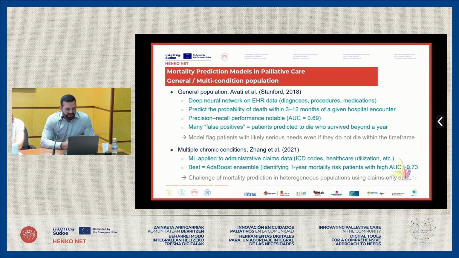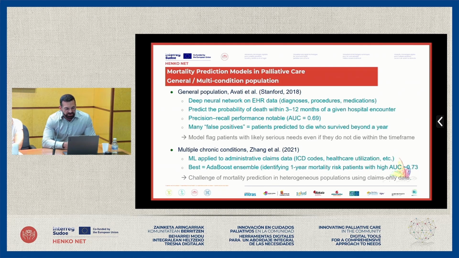So the model flags patients with likely serious needs, even if they do not die within the time frame they were supposed to. So this is finally a good thing, to have models to predict mortality, even when they are not completely accurate, if we use this outcome with the objective to identify patients who need palliative care.